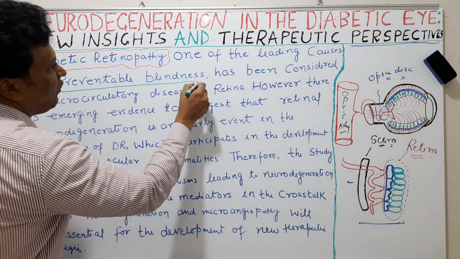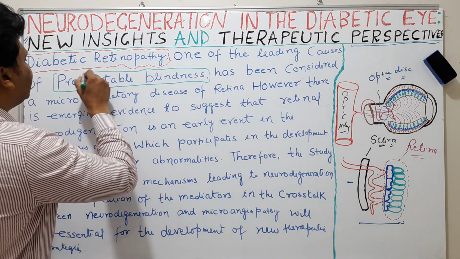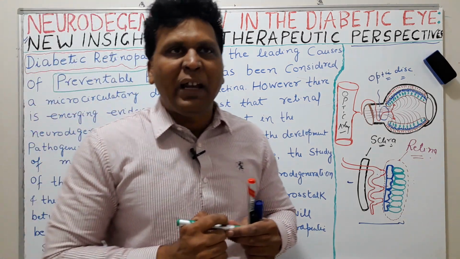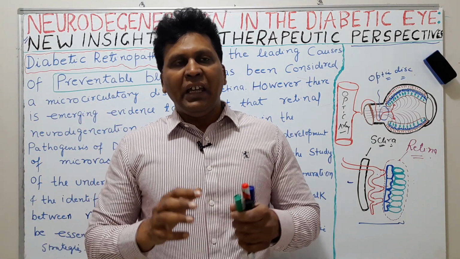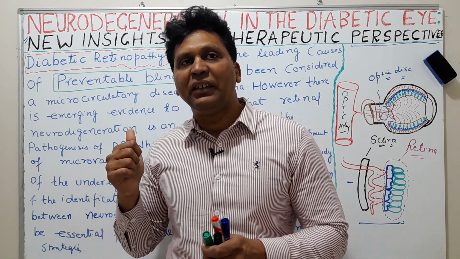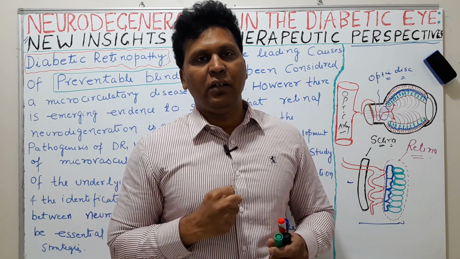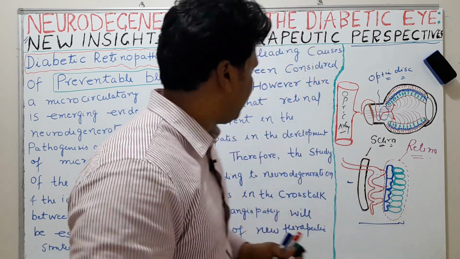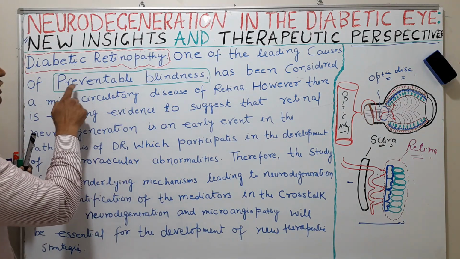What is the meaning of preventable blindness? Preventable blindness means this kind of blindness in diabetic retinopathy can be avoided or mitigated by getting the right help at the right time.